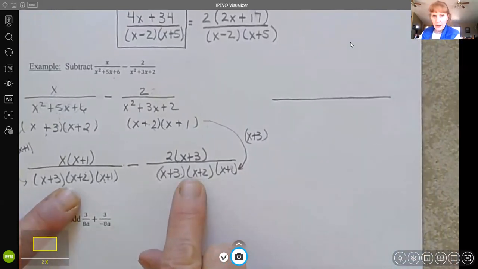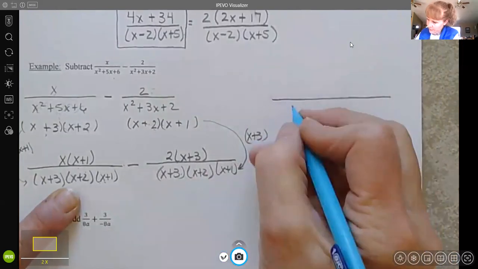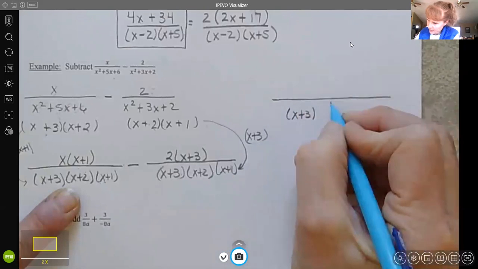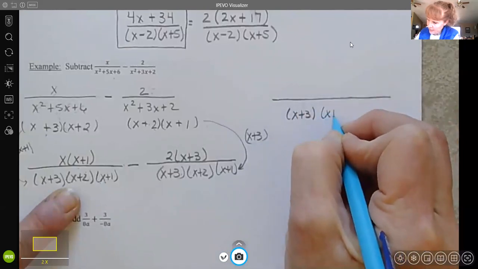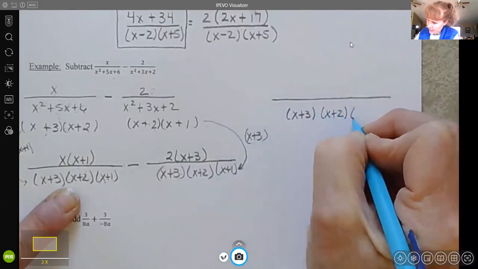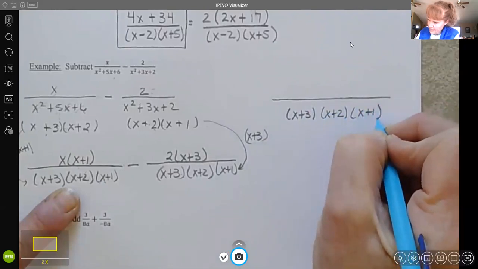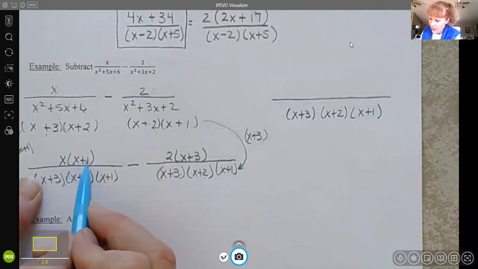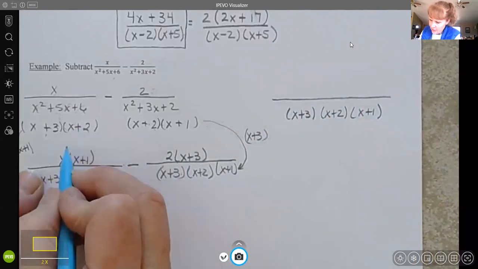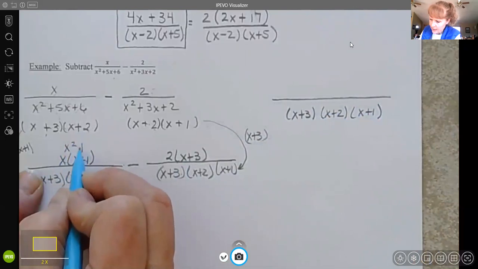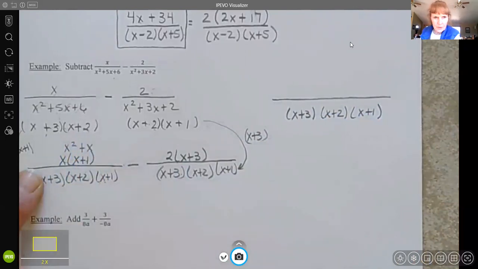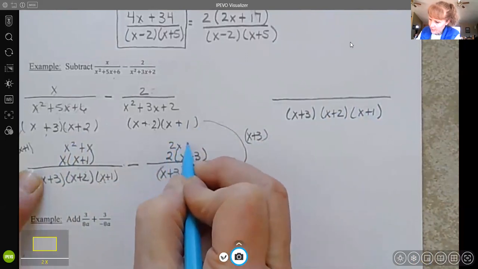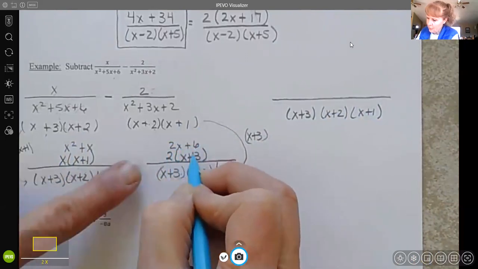So my common denominator, I'm going to write here, times x plus 2 times x plus 1. Okay, this one, when I multiply these together, I have an x squared plus x. Over here, I have a 2x plus 6 in that numerator.